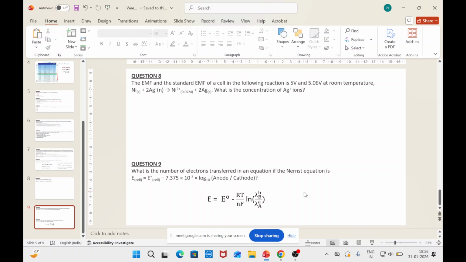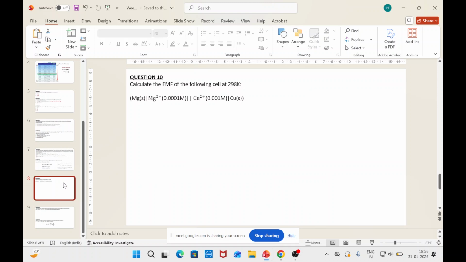Once we finish, we will go to question 8. Question number 7, I will give to you so you can practice at home. This is a big question, so solve it, because once you solve it you will have had practice.